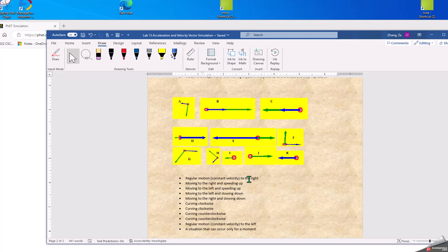If the green is the velocity, there should be no blue. Which one has no blue? That one. So J. You put J here. I will not give out the other answers here, but after the above exercise, it's pretty easy to identify which one goes with which.